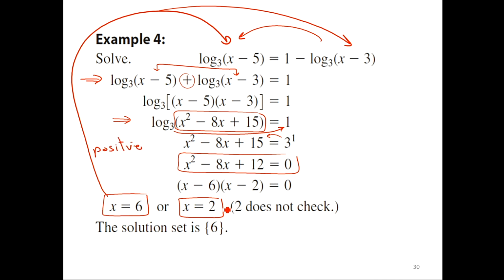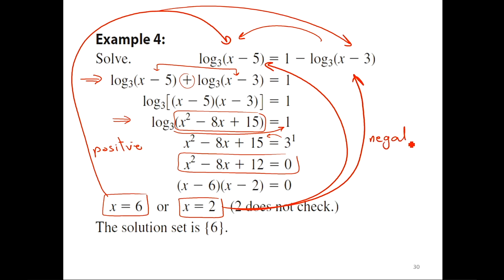But when we substitute 2 here or here, we have negative inside the log, because after substituting 2, 2 minus 3 is minus 1 and 2 minus 5 is minus 3.